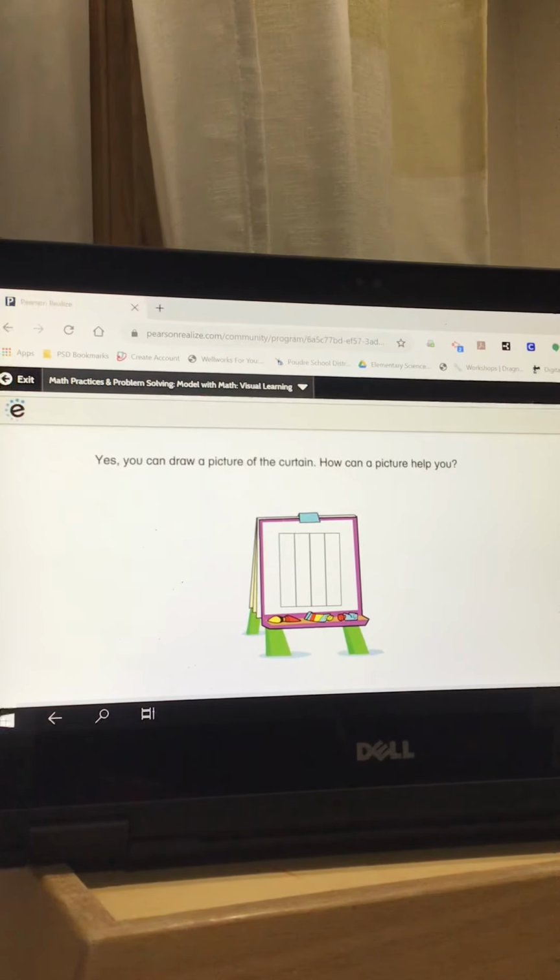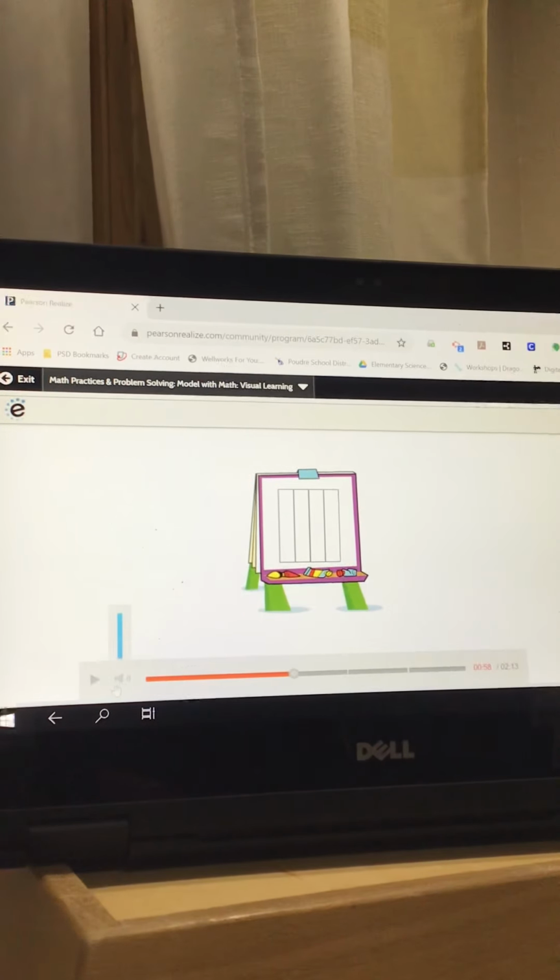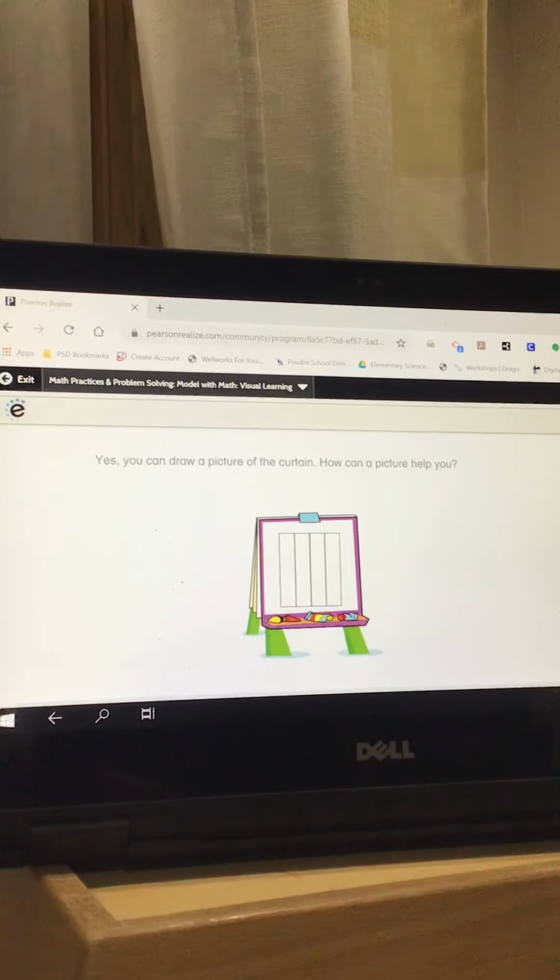So if I were to color them when I was reading the question first, would that help me remember how many are blue and how many are red? Yes, so this gives you a visual that you can count, that you can see, and that you can touch. You can see how many shares are red and how many are blue.